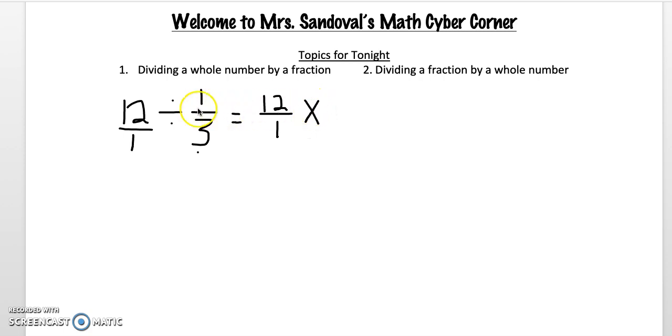We change division to multiplication because we are actually going to be multiplying by an invert fraction. So we invert the second fraction.